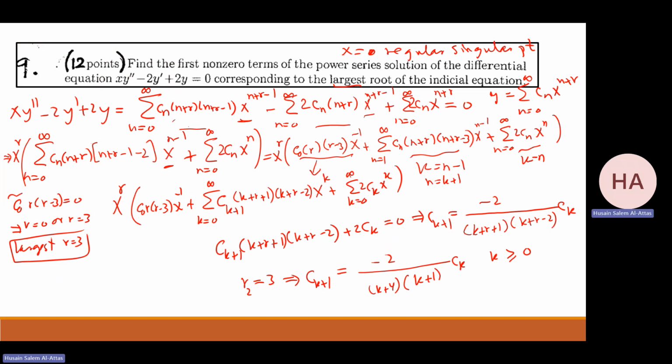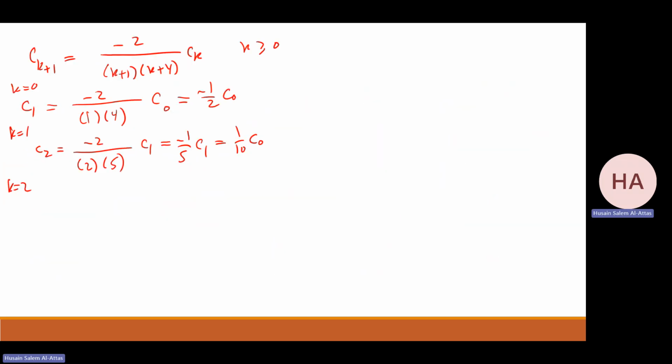So I'll take c3, then I will stop. Minus 2 over 3 times 6, c2. That will be minus 1 over 9 c2, and that is minus 1 over 90 c0. And continue. So it is a solution.